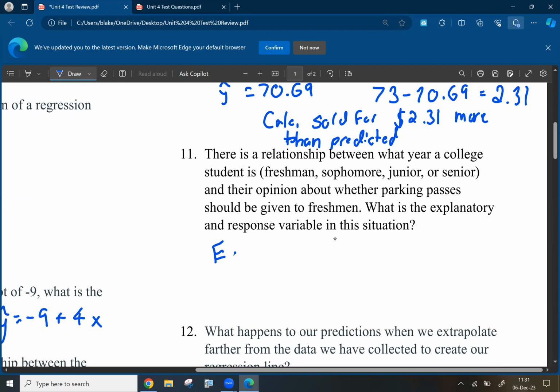So the explanatory variable is what year the student is in, year of student. And the response variable is the opinion of parking passes.